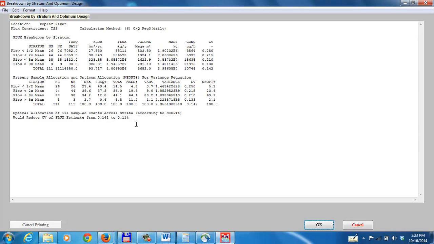So there's not a lot of difference between them. There are some differences here, a few more sample points in the third stratum and fewer in this case in the very highest stratum, because we had 9% for method 2. So things get arranged a little bit differently here. And I'm sure that if we tried some of the other methods, we would find other results.